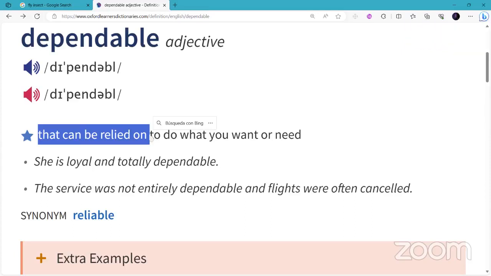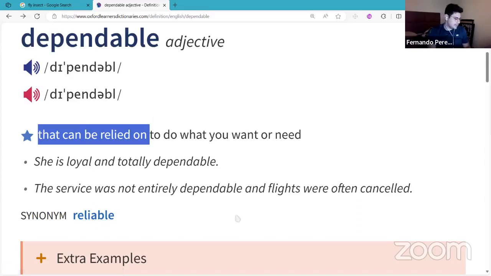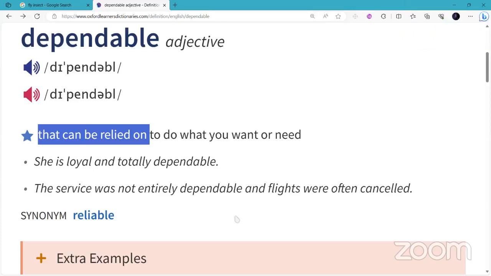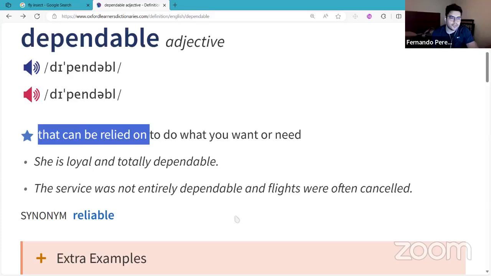It will be more like, how do you say reliable in Spanish? Confiable. That is very, very different to dependiente. That's the reason these adjectives are very tricky.